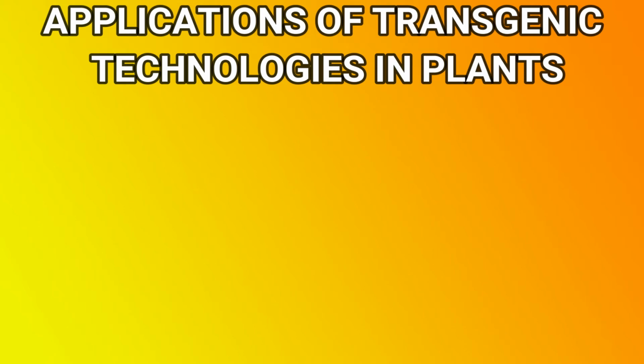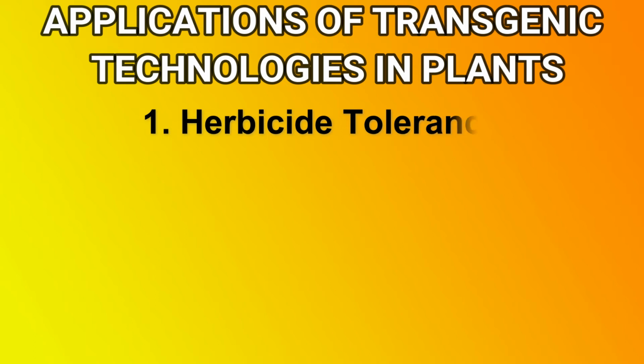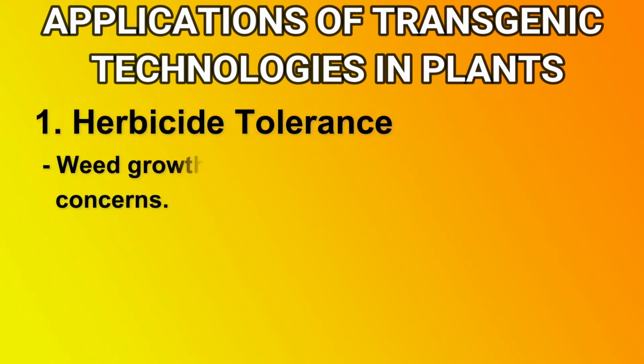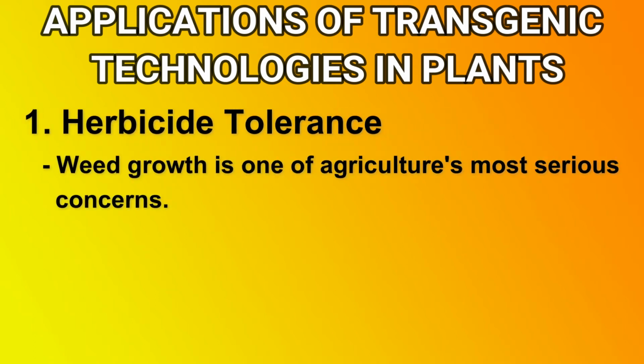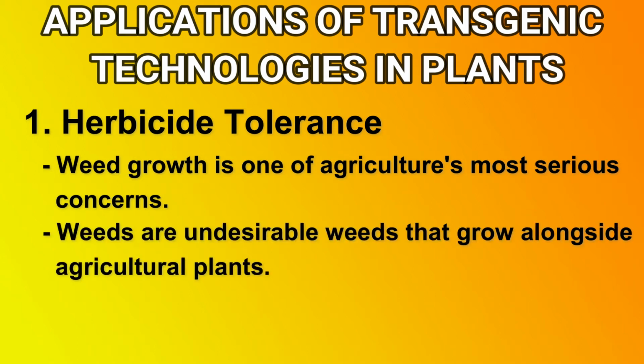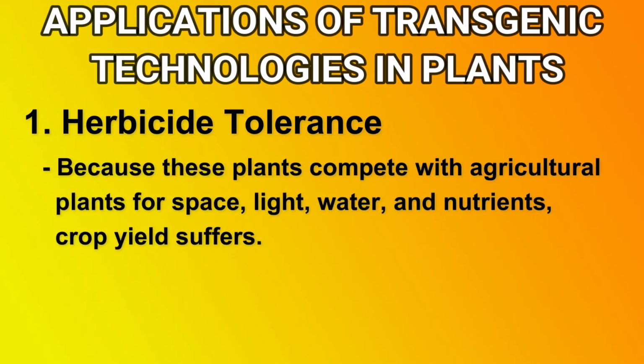So here are the applications of transgenic technologies in plants. Number 1. Herbicide tolerance. Weed growth is one of agriculture's most serious concerns. These are undesirable plants that grow alongside agricultural plants. Because these plants compete with agricultural plants for space, light, water, and nutrients, crop yield suffers.